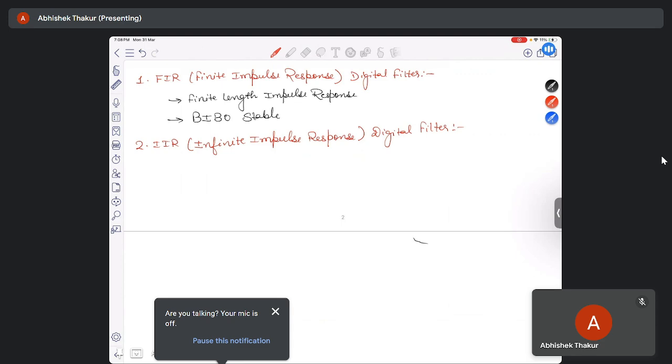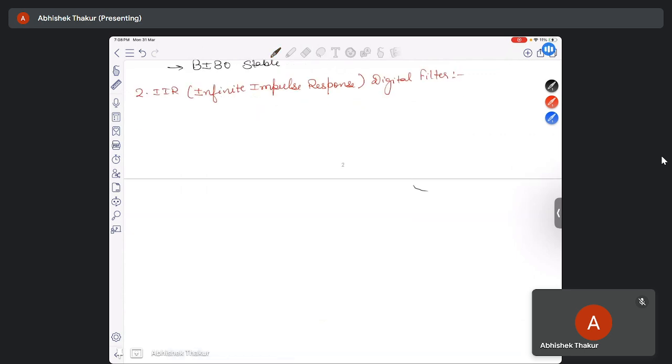So we will see the basic structure of an IIR system. The basic structure is like this: y(n) is equal to the summation of a_k y(n minus k), where k is equal to 1 to N, plus the summation of b_k x(n minus k), where k is equal to 0 to M. So what is our H(z)?